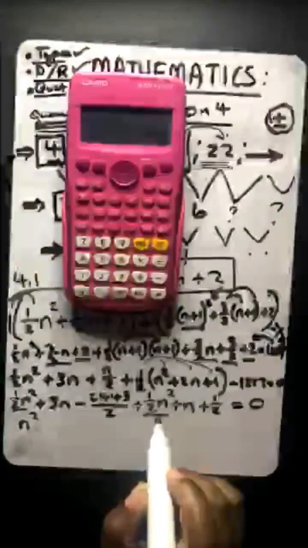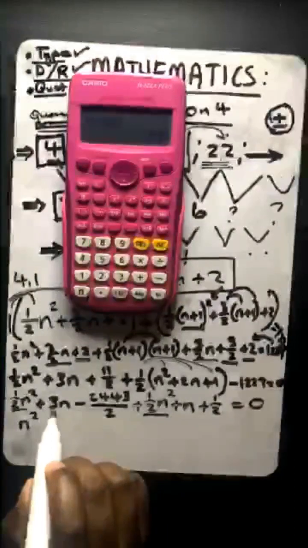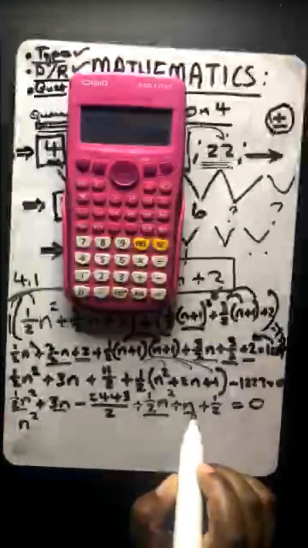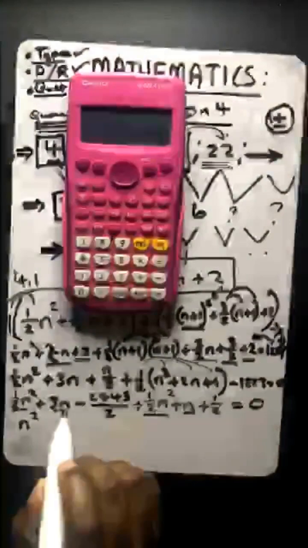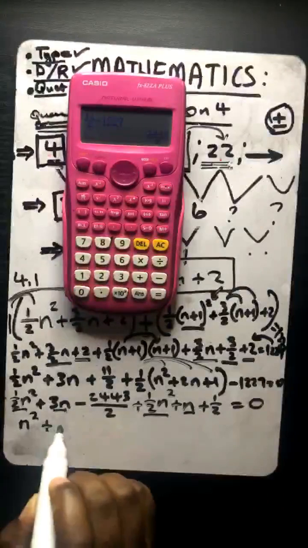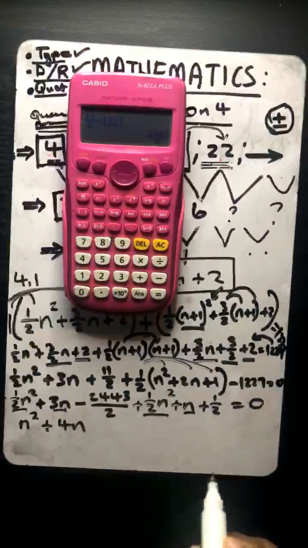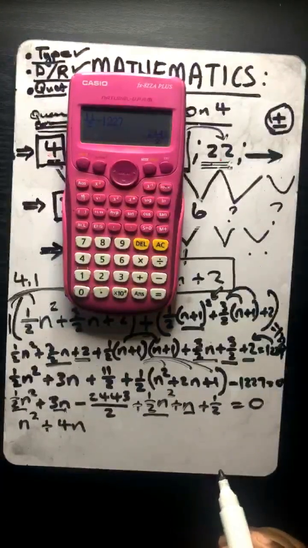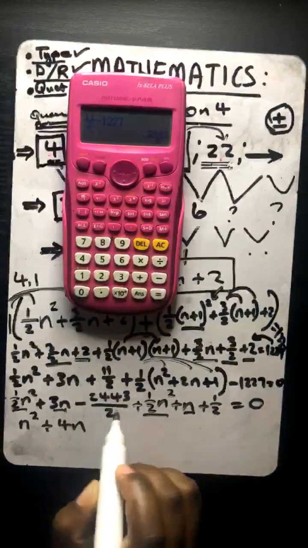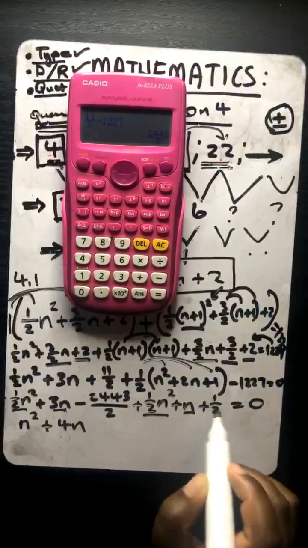So I'm done with those. So let's see. Here I'm having that and also that. So 3n plus n is actually equal to 4n. So now I'm having negative 2443 over 2 that you must add with half. I still have it there.